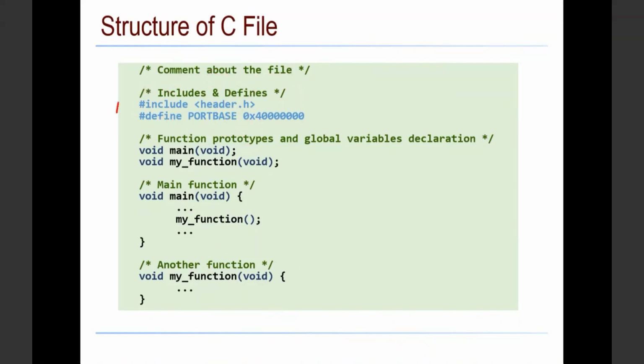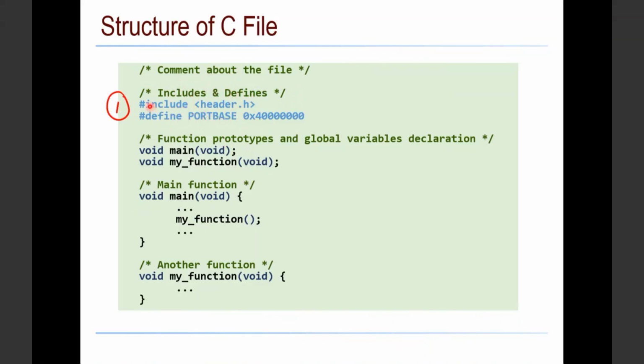This is the very first thing here. You need to have the include and define. You need to include files or any libraries inside of your program that you're going to use, and any defines must be put here.